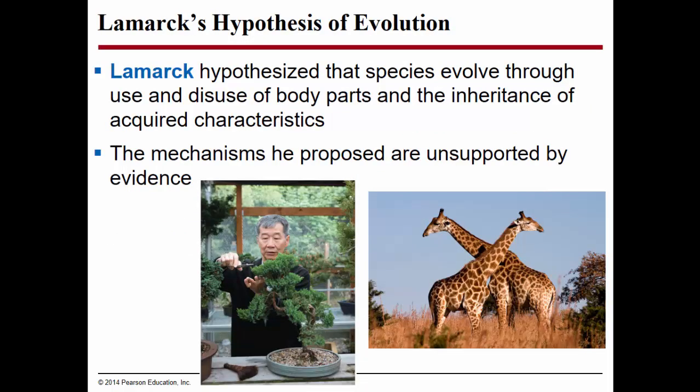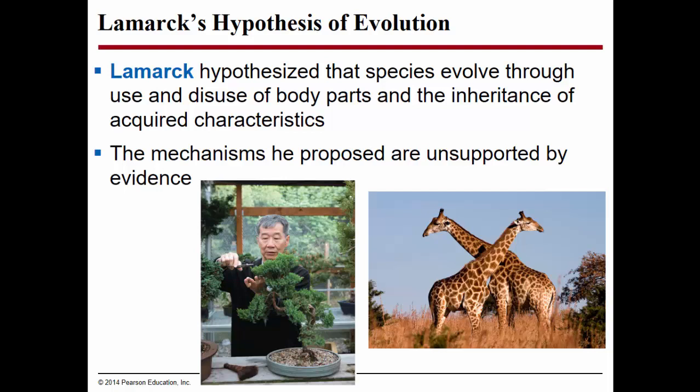Another biologist who proposed a theory about evolution before Darwin was Lamarck. Jean-Baptiste Lamarck hypothesized that species evolved through using some body parts more than others and using other body parts less.